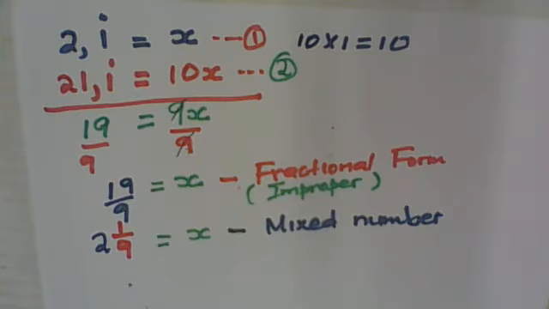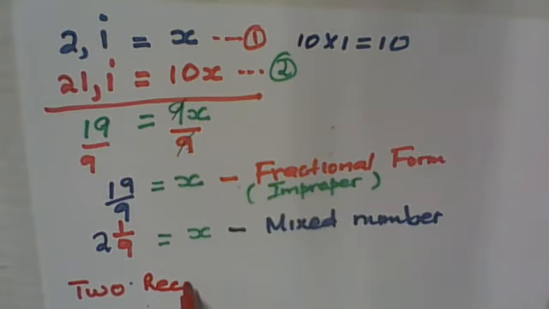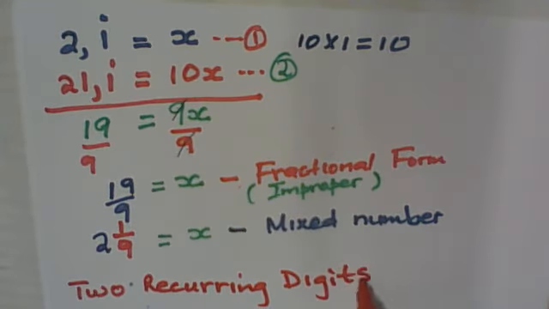Now, we did this one, where only one digit was recurring. Now, let's get to another one where we have 2 recurring digits. How are we going to solve that?